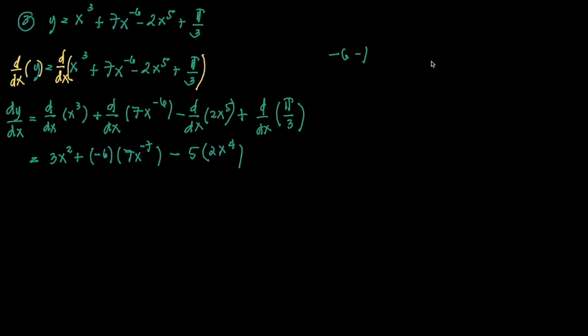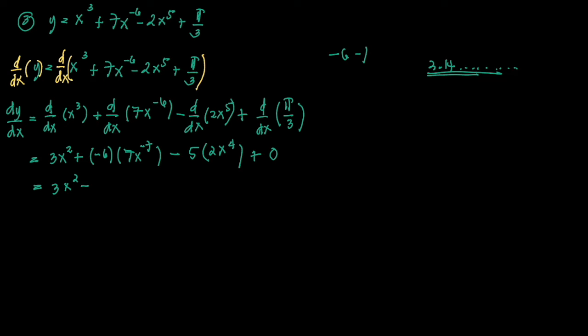Pi has a value. Pi is 3.14. So if we differentiate this, since this has a value, this is now a constant. And constant divided by constant is still constant. So this would become, yes, it's 0. So further simplifying this, this would become 3x squared. So positive times negative, this would become negative.